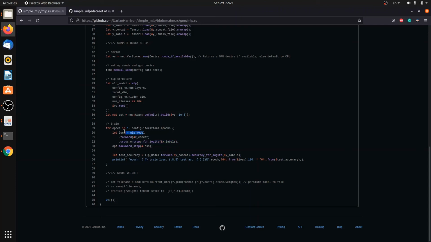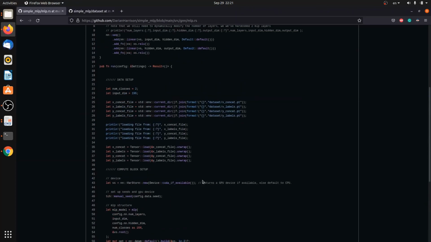That's going to give us the loss, and then we're going to propagate this loss backwards, and we're going to optimize our learning rate with the Adam optimizer. So that's pretty much training. There's a lot of theory, but we've summarized all that theory in very few lines of code.